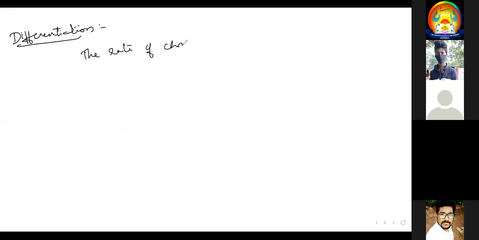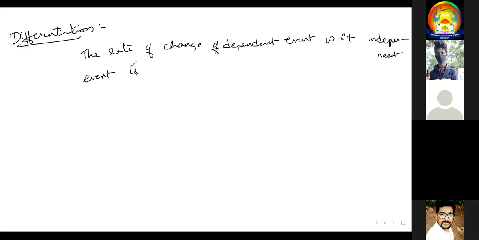Differentiation: the rate of change of the dependent event with respect to the independent event is called differentiation.